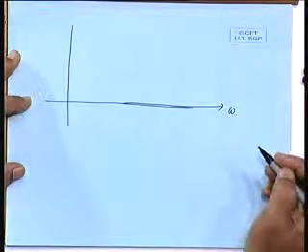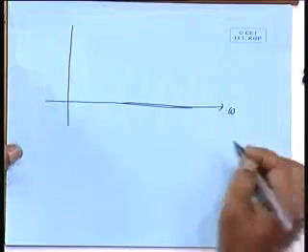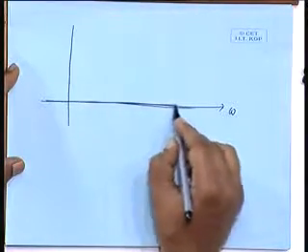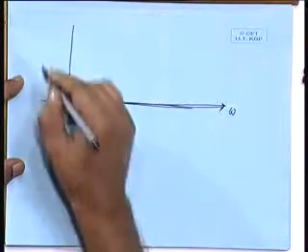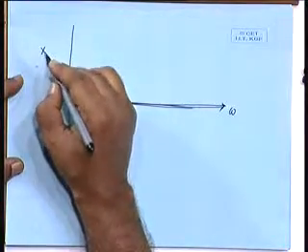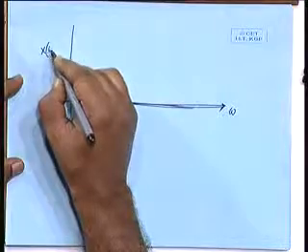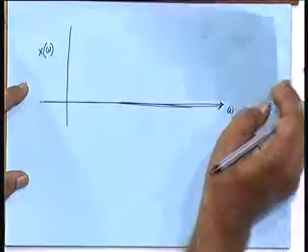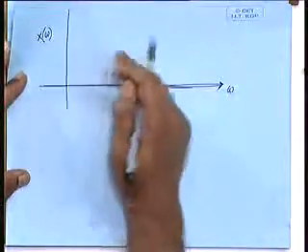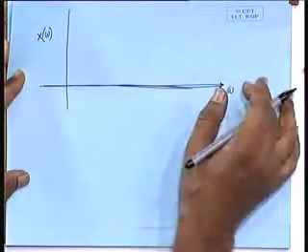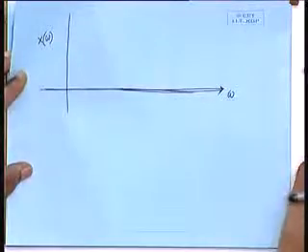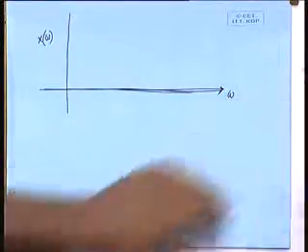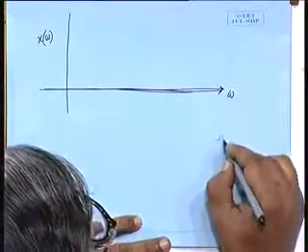So this is omega, because now we can take the frequency as the axis and corresponding value of x omega. How will x omega vary with omega? Let us go back to the first problem. Suppose we have just an inductance.